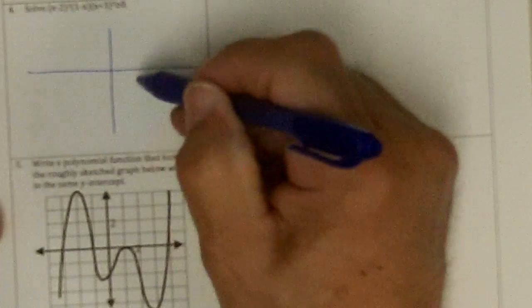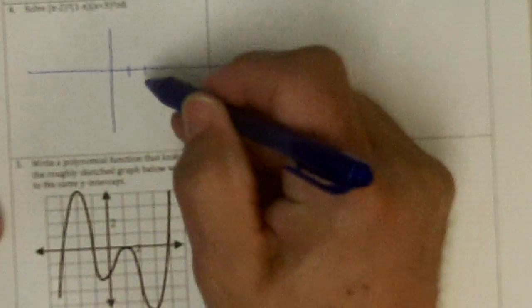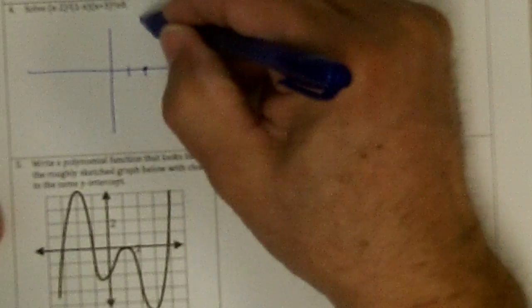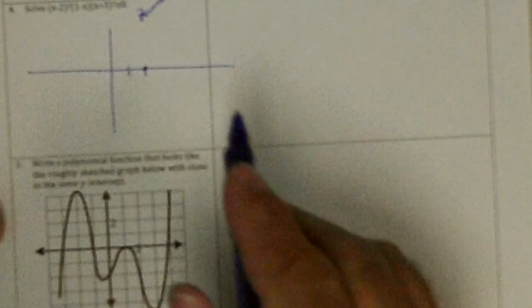Number 4. So I'm going to get a feel for what this looks like. So it goes through positive 2. Actually, it doesn't go through. It's a positive 2 that's right here, but it bounces. It goes through 1, because 1 minus x would go through 1, because 1 minus 1 would be 0.